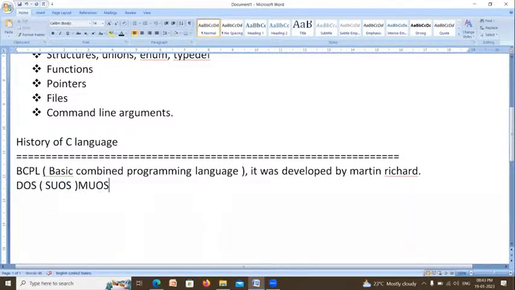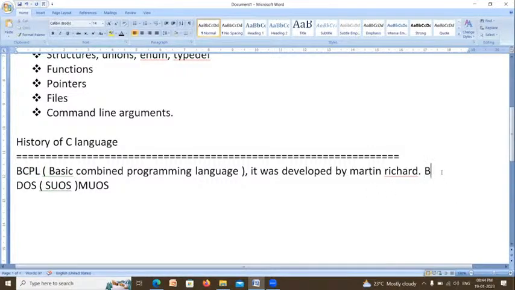To develop this multi-user operating system, they wrote code using BCPL. After some time, they came to know this language is not enough to build a multi-user operating system. Then they wanted to develop a new programming language, and successfully they developed it and named it B. So from BCPL they developed the B language.